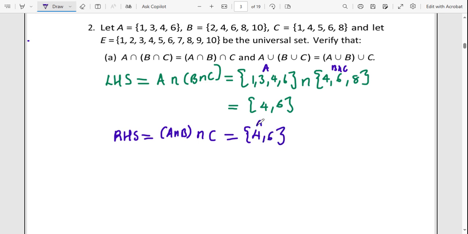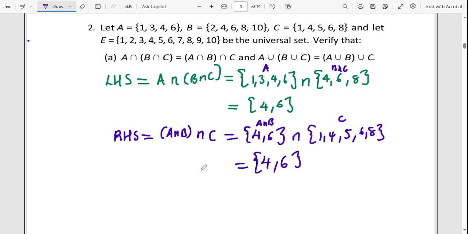So this is A intersection B. And then intersection, the set C is 1, 4, 5, 6, 8. So this is going to give us, you can see what is common. This is the set C. What is common in these two sets is just 4 and 6.